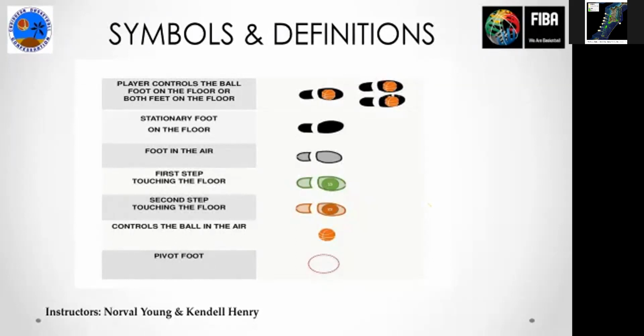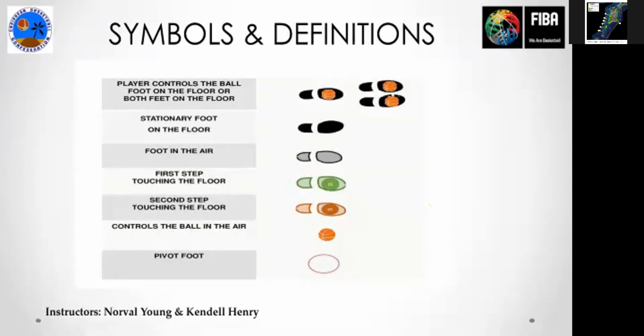First and foremost, on the first line you have one foot with a ball on it. This means the player controls the ball, with one foot on the floor, or the second one, both feet on the floor. The black foot is the stationary foot on the floor. The gray is the foot in the air.